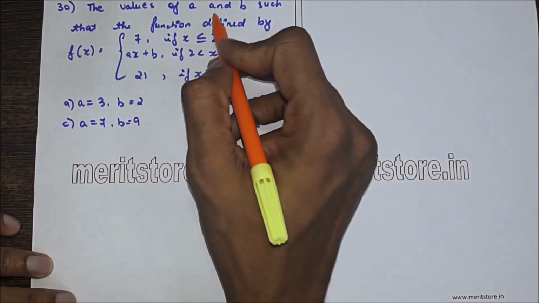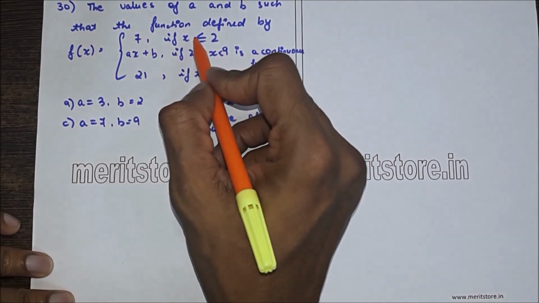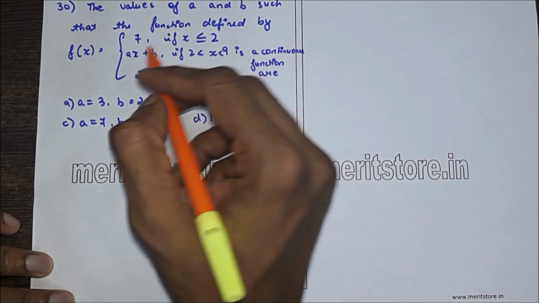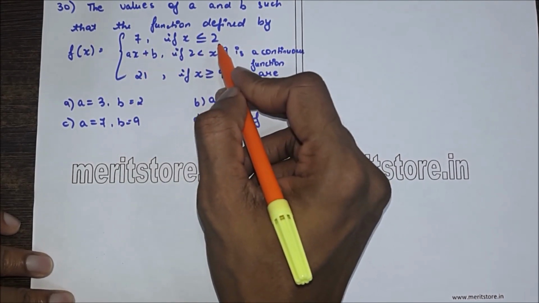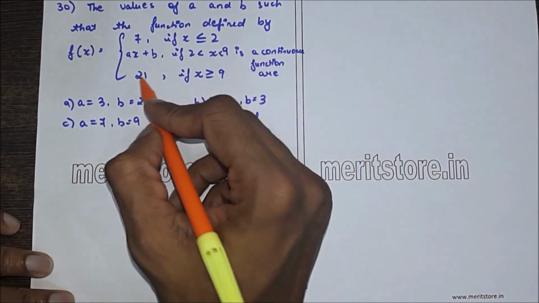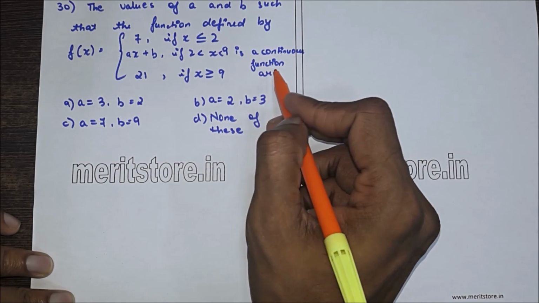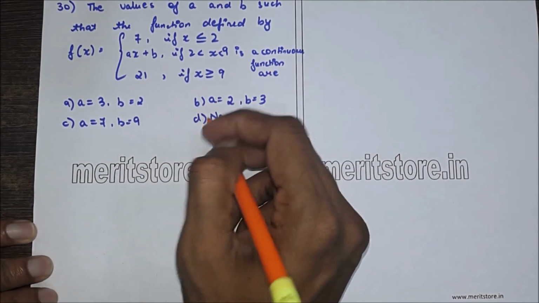The values of a and b such that the function defined by f of x equal to 7 for x less than or equal to 2, ax plus b where x greater than 2 and less than 9, and 21 for x greater than or equal to 9 is a continuous function, are given 4 options.